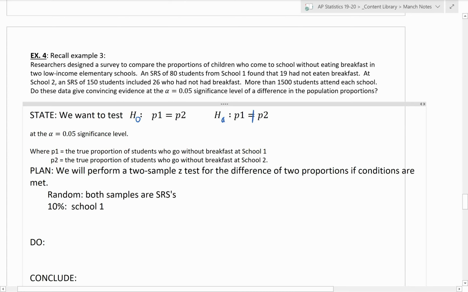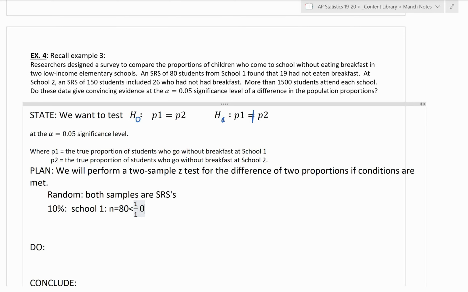So for school 1, the sample was 80, which is less than 10% of the population size. We know the population is at least 1,500, so the 10% condition is met for school 1.